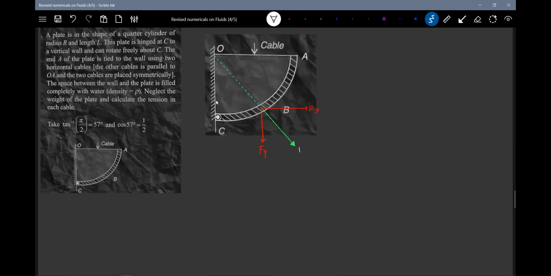This is the net force. There's a net force exerted by the liquid on the gate here. Why should it pass through O?